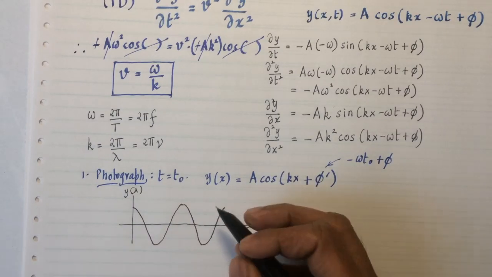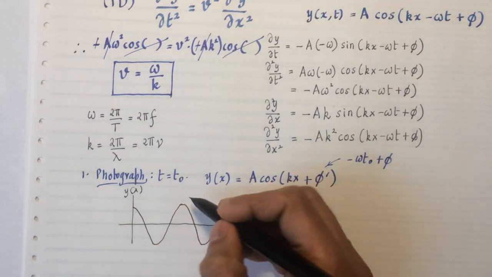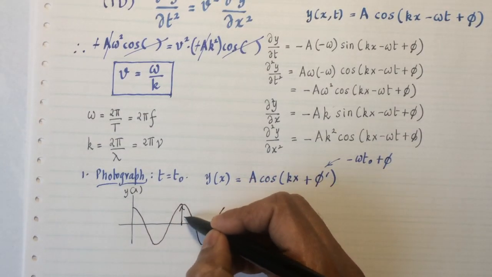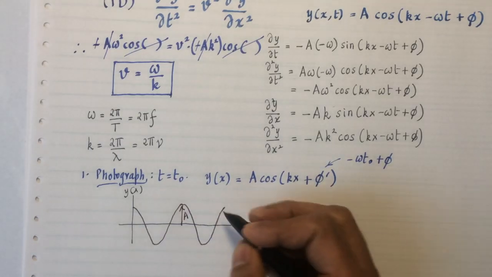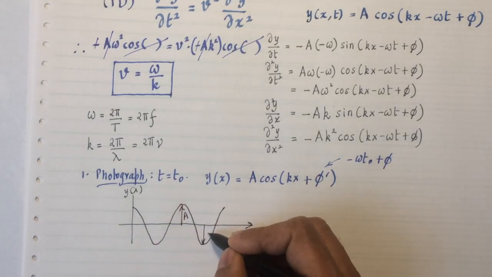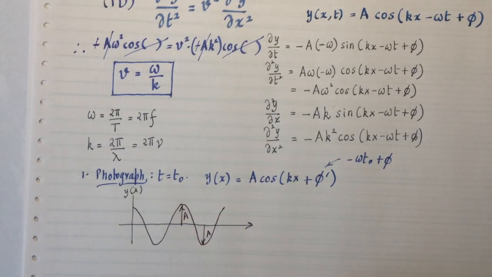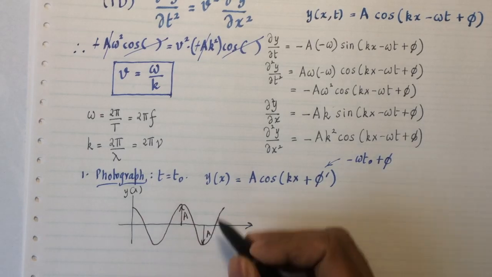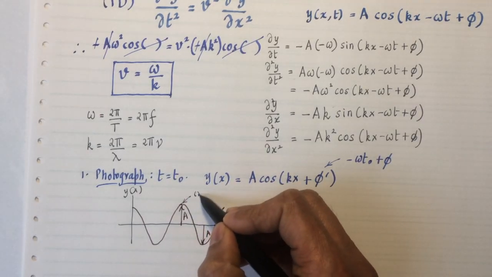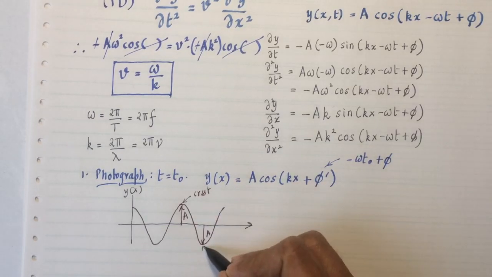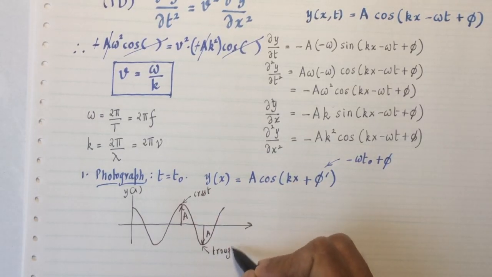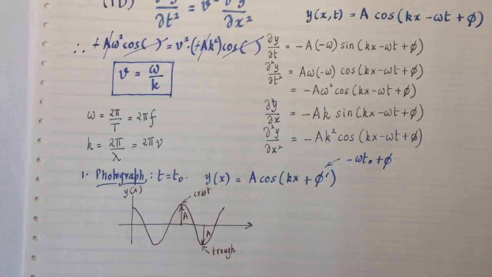If you're a surfer dude, you want to know how big the waves are, and you'll be able to see that. The amplitude A will show up either as the crest or the depression, the trough, as it's called. So these have got names. This is called the crest of the wave, and that's called the trough of the wave. You can see these things by just looking at the snapshot.